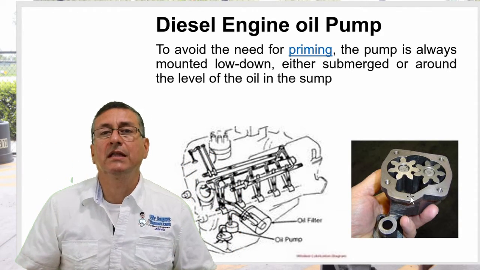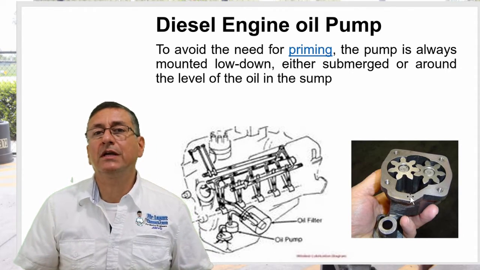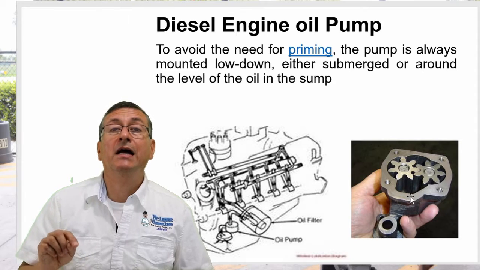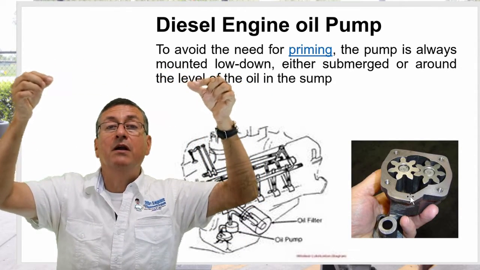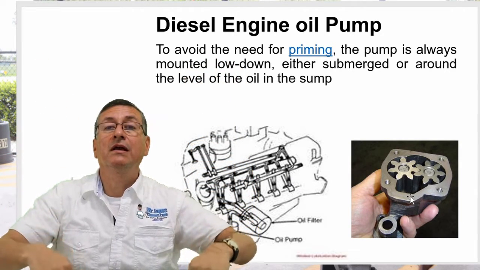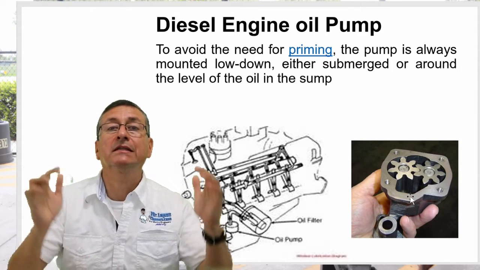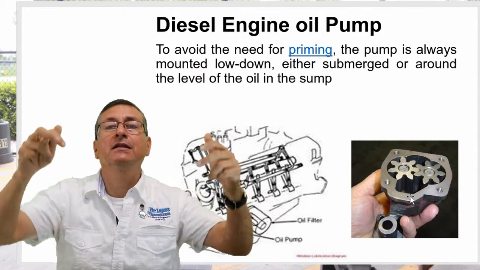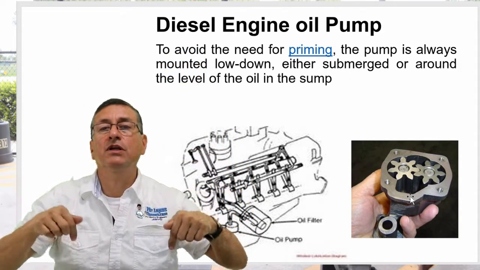In this system, in the oil on the engine, the pressure is constant until the oil reaches the top of the rocker arms. After that, the oil returns into the oil pan by gravity. It's a semi-closed system. It's closed until this point, and after that, by atmospheric pressure it goes down into the oil pan.